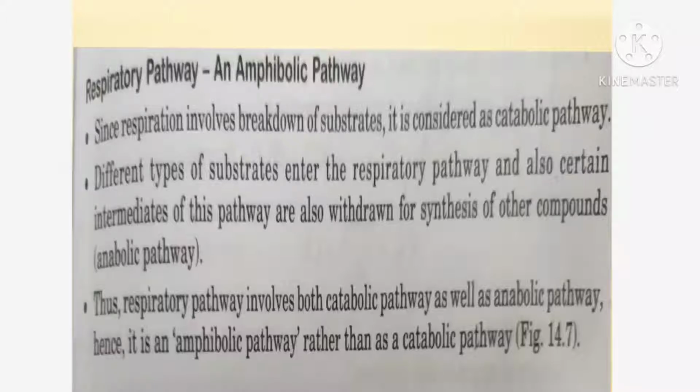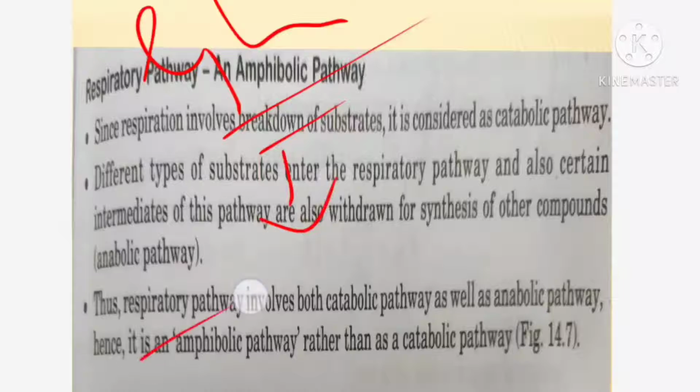But at the same time, when this food is broken down, when it is undergoing glycolysis, Krebs cycle and all, they are producing many substances, isn't it? Many means what is that? Chemicals are produced, and these chemicals can be used for some other metabolic reactions. So since they are producing many intermediate chemicals which can be used for some other processes, we call this one as anabolism, because something is produced, okay.